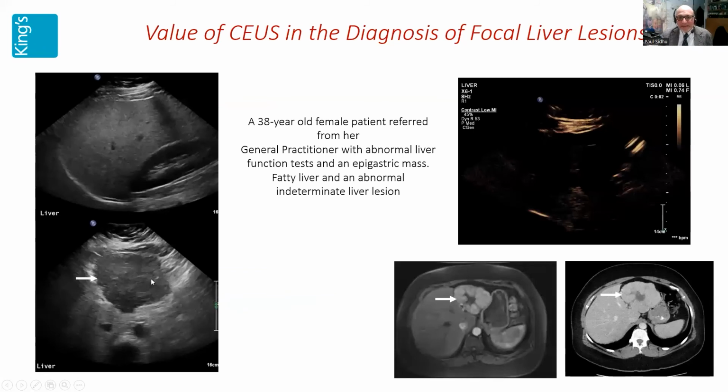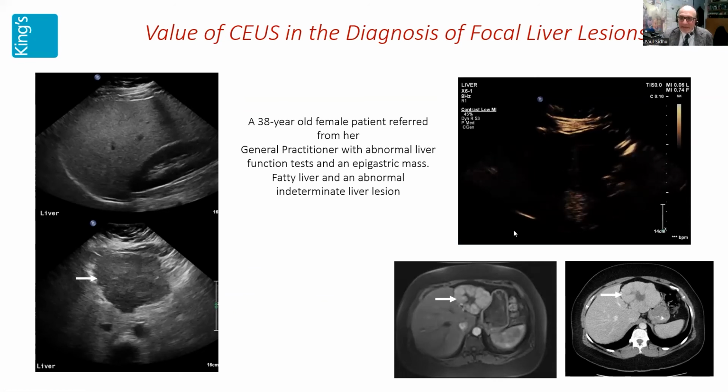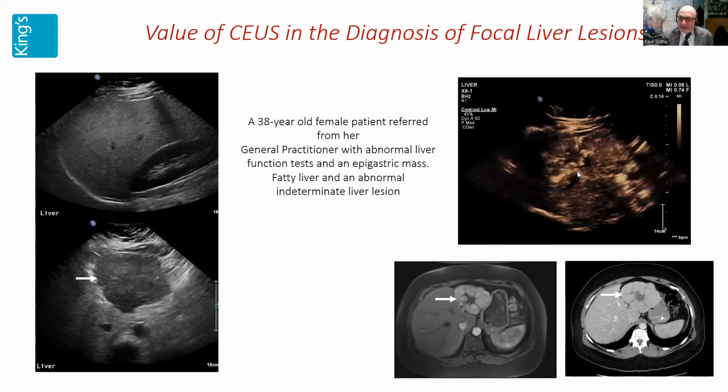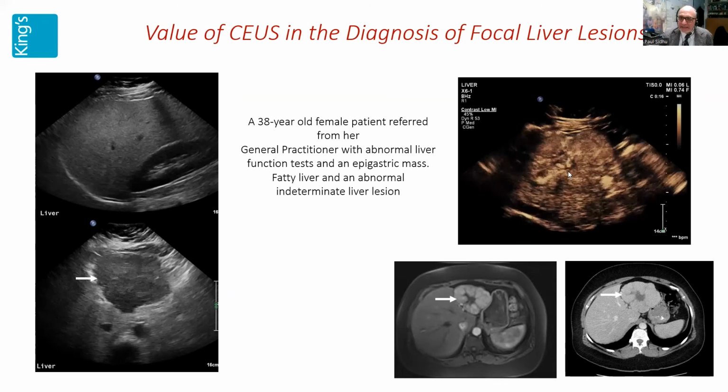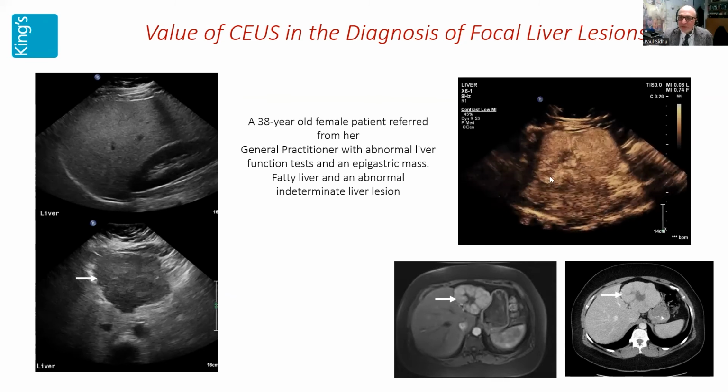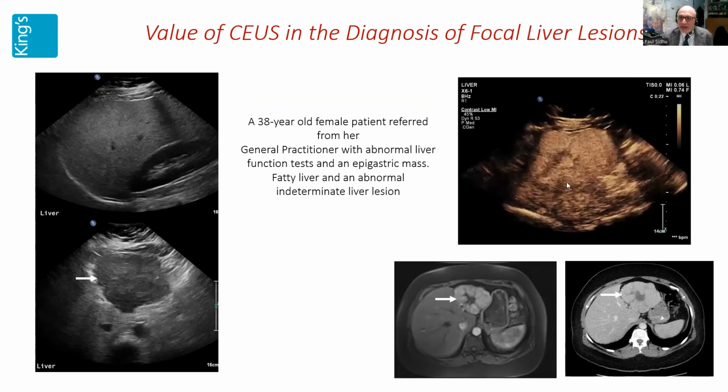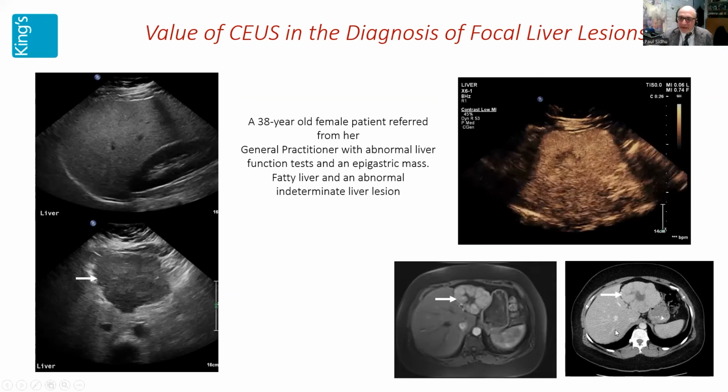So here's a couple of examples for you. Here's a patient with a fatty liver and an incidental lesion in the epigastrium. This incidental lesion was subject to a contrast-enhanced ultrasound, and within seconds in the arterial phase, this lesion is demonstrated to have that spoke wheel arterialization, hyper-enhancing with scarring in the middle, and these are the MR and the CT examinations of the patient.